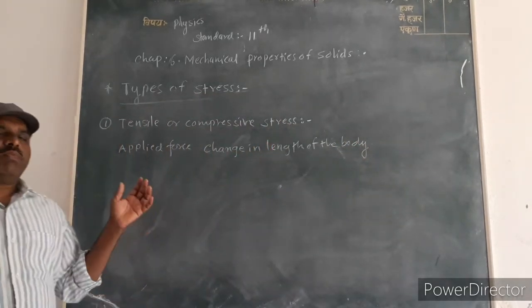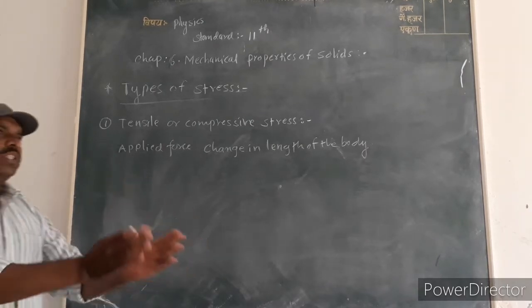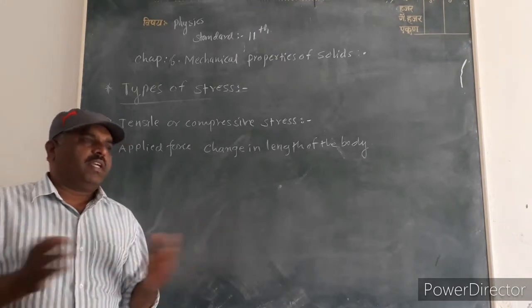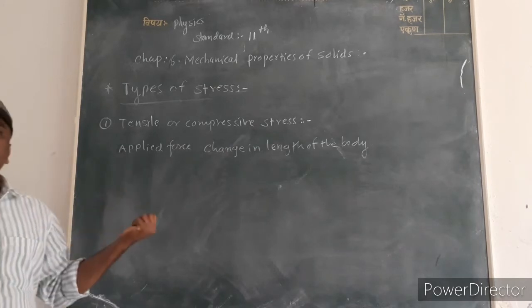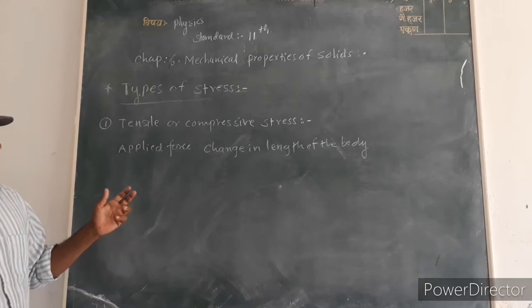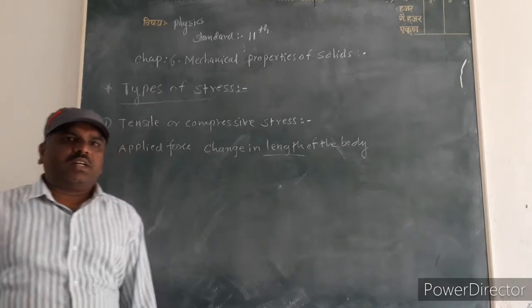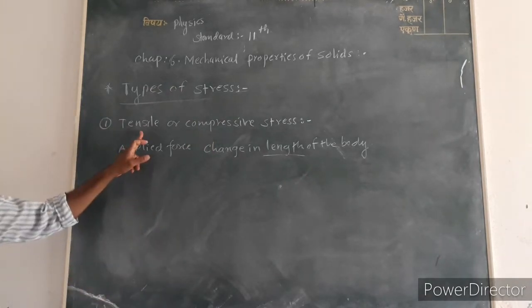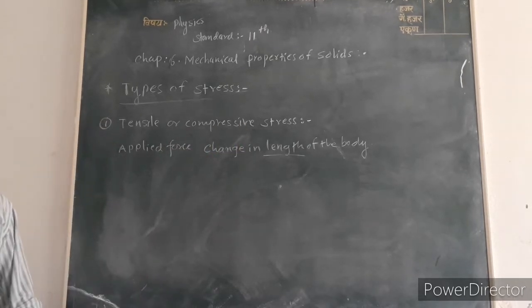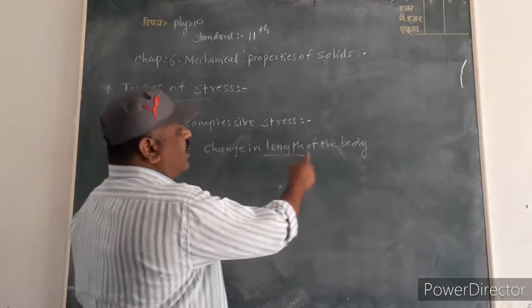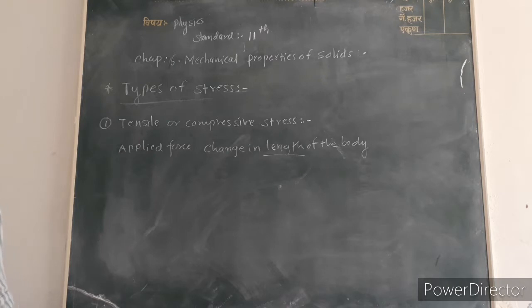When we apply a force on a body, deformation of the body takes place, that is, there is a change in length, size, or shape of the body. We call that deformation. And if due to the applied force there is a change in the length of the body, that stress is called tensile, longitudinal or compressive stress. Due to applied force, there is a change in length of the body. Such stress is called tensile stress.